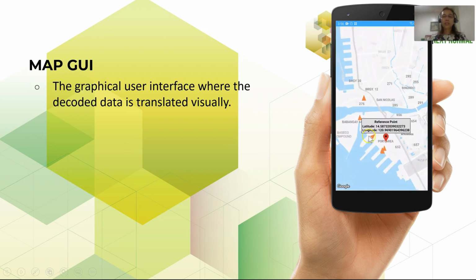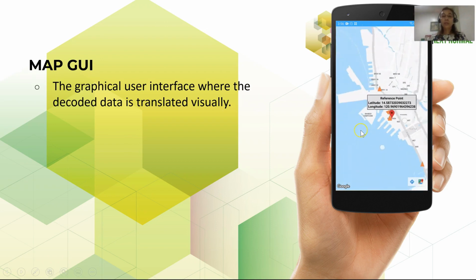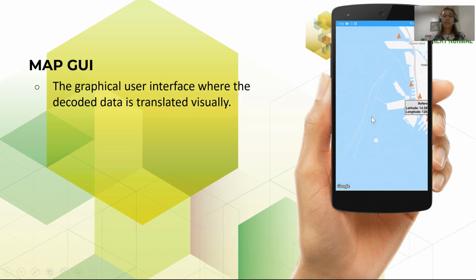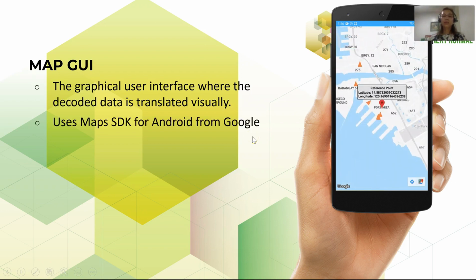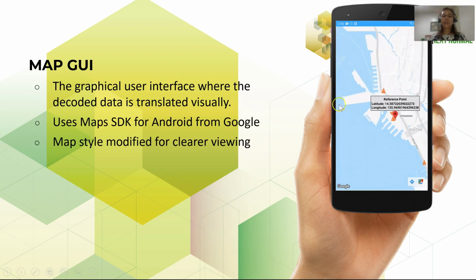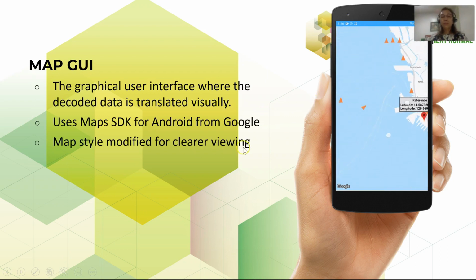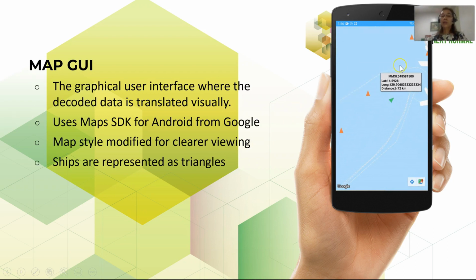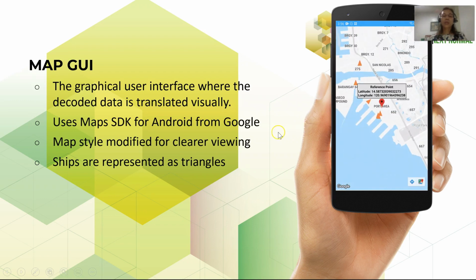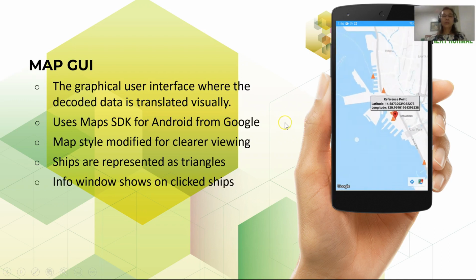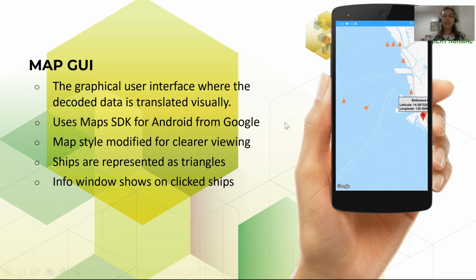As you can see, the green colored marker shows that that is the one chosen, and the information is displayed. The map has been modified for clearer viewing, and it uses the Maps SDK for Android from Google.